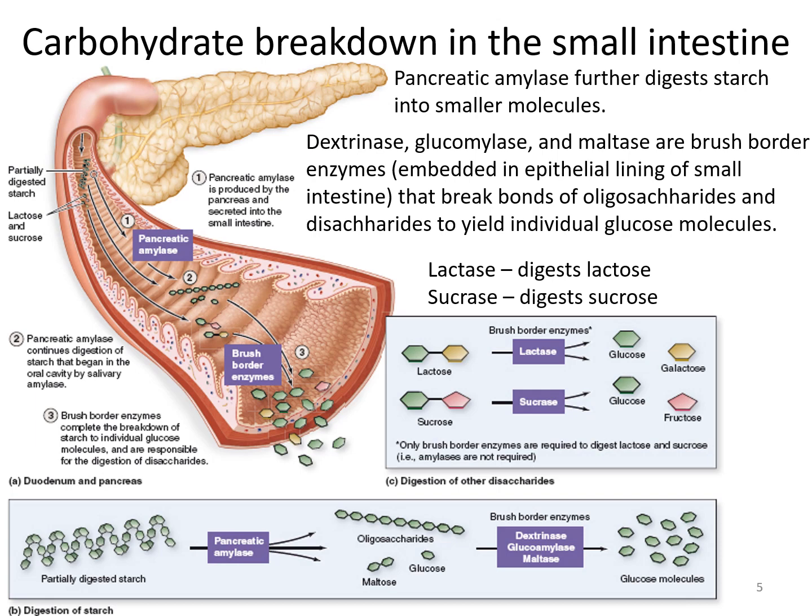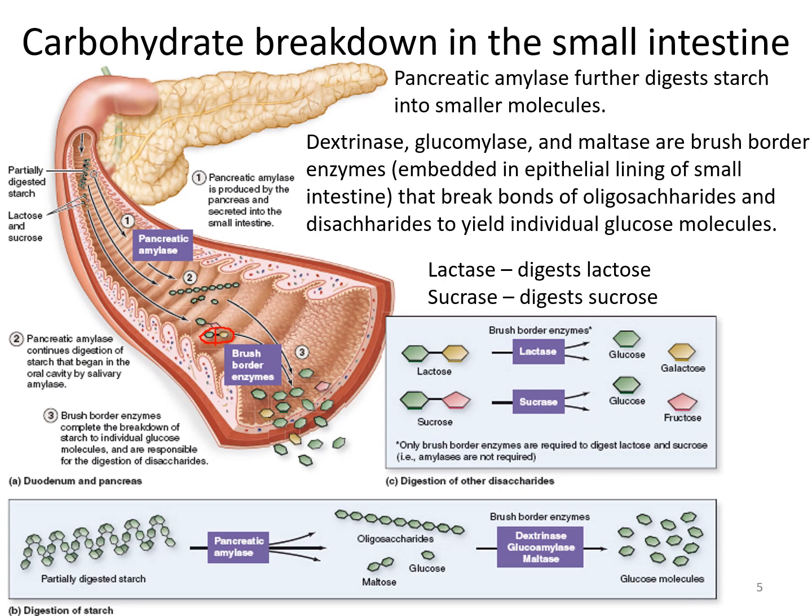If we're talking about a disaccharide, it would look something like this. It's just two sugar molecules with one bond connecting them. One of these brush border enzymes, either dextrinase, glucoamylase, or maltase, would come in and break that bond and create two individual sugar molecules.